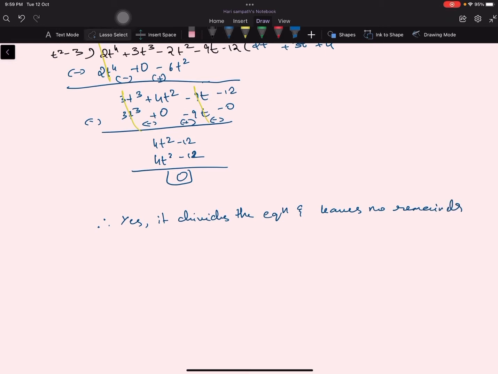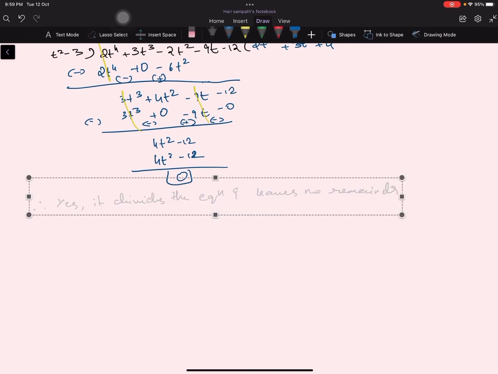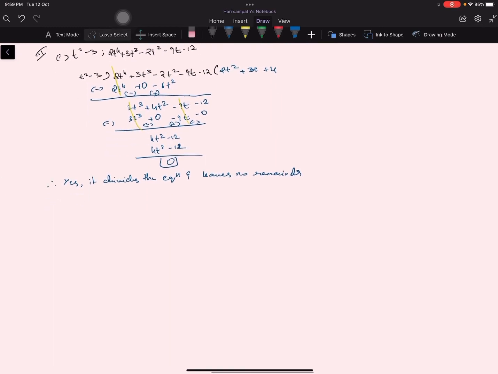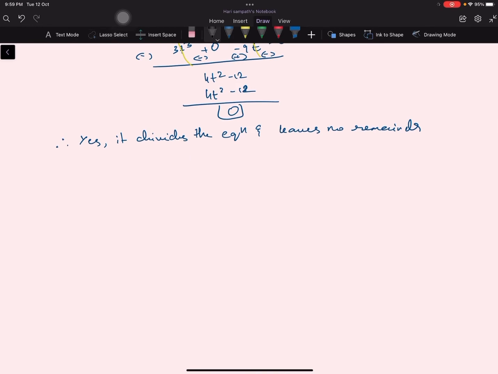So moving on to the next sum. That is the second sum in the same Roman. That is x square plus 3x plus 1 and 3x raised to the power of 4 plus 5x cube minus 7x square plus 2x plus 2.